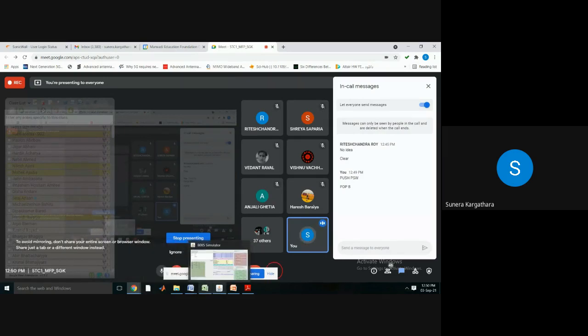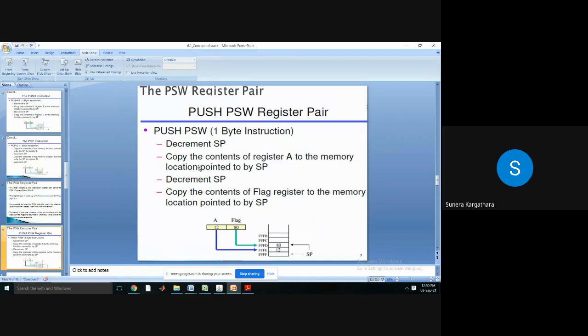Many times, in the question on explaining an instruction, 'how to explain your instruction', this instruction can be asked, push PSW. Things should be clear. The process will remain as it is. Whatever the stack pointer contains will be decremented first. Of the accumulator and flag, the higher order is the accumulator and the flag is the lower order register.